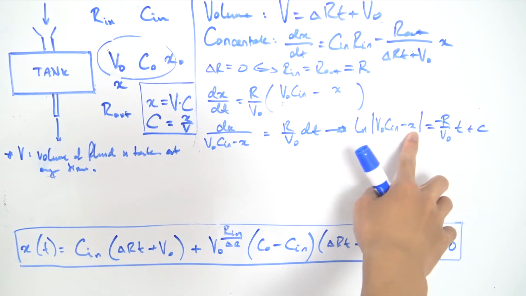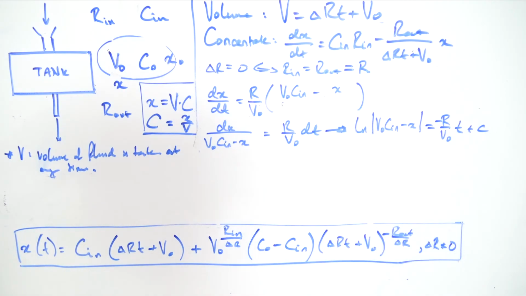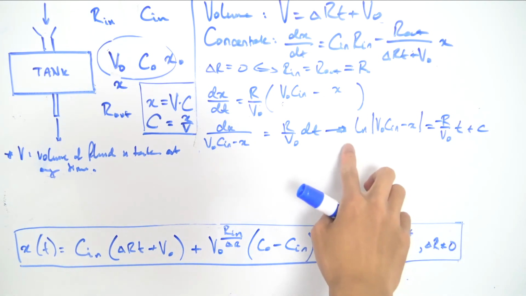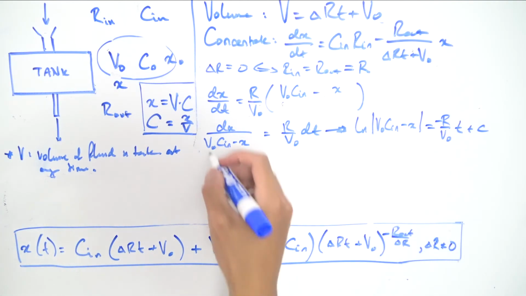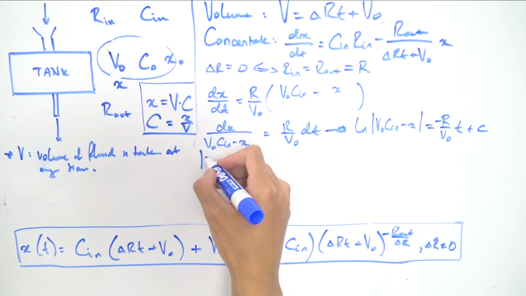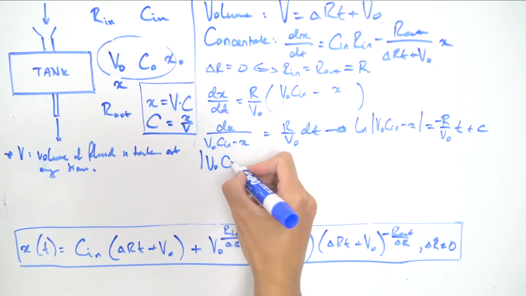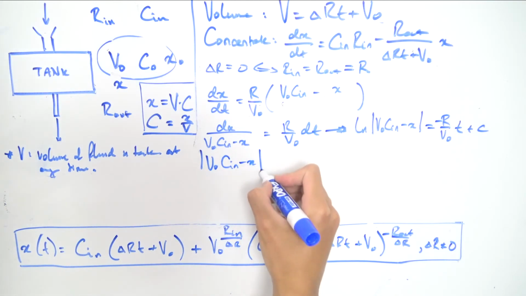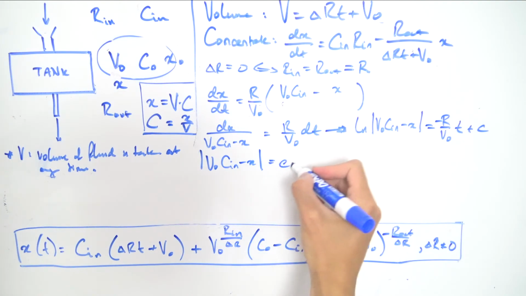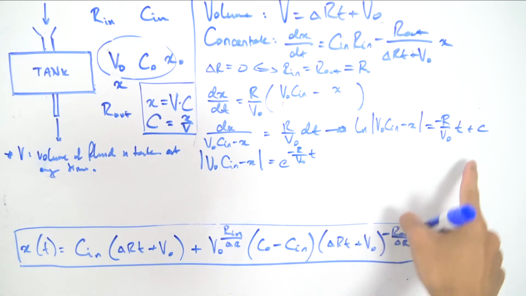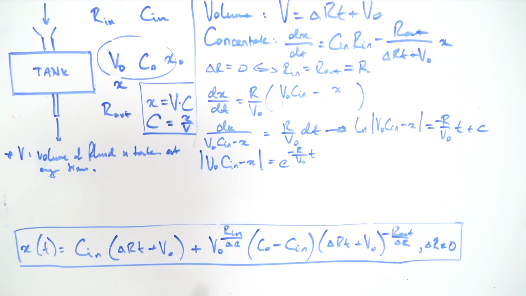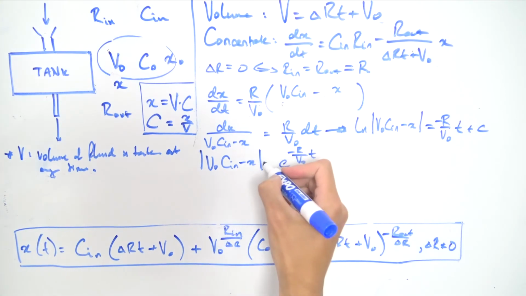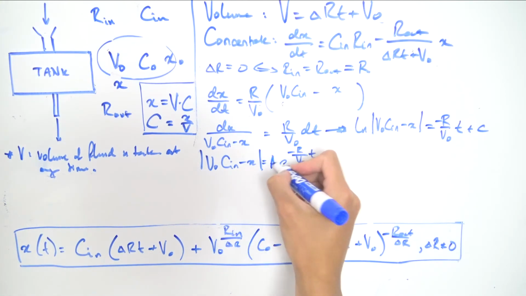Okay, now our goal is to isolate this x. Let's start by exponentiating both sides. So if we have e to the left hand side, e and the natural log will cancel each other out, leaving us with just the argument inside, so v0 times cn minus x, and then this is equal to e to the minus r divided by v0 times t, and then we also have e to the c as well, using some exponential properties, but that's just going to give us some random constant a multiplied out the very front.